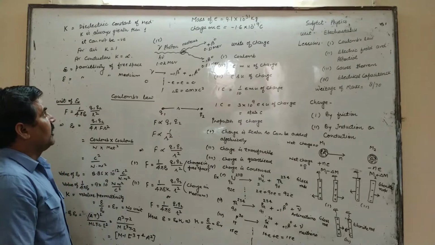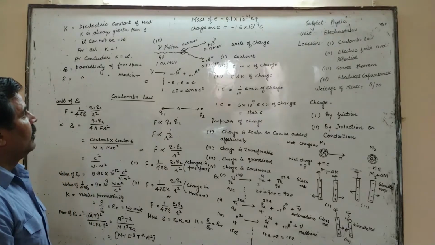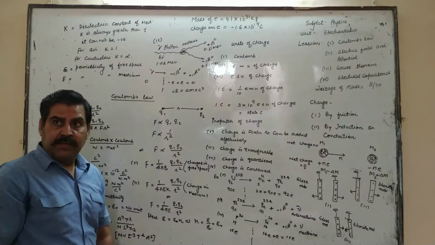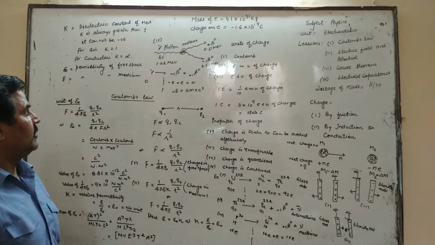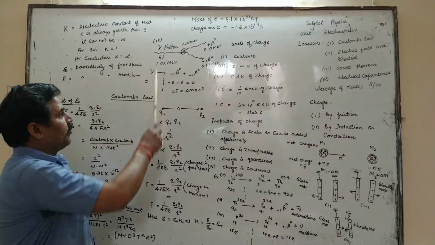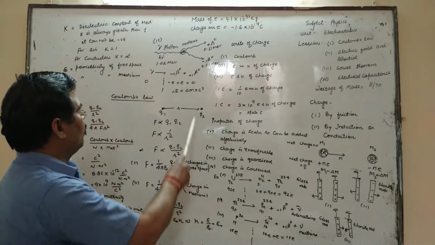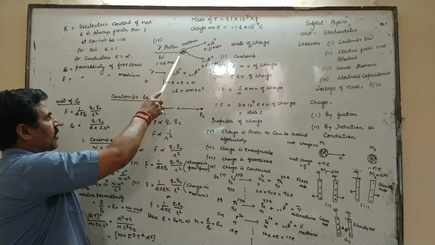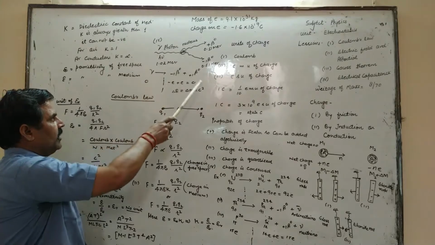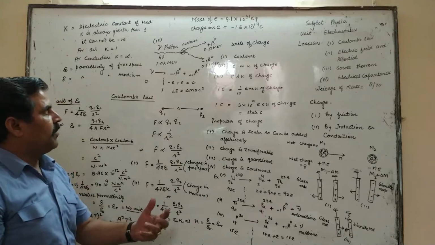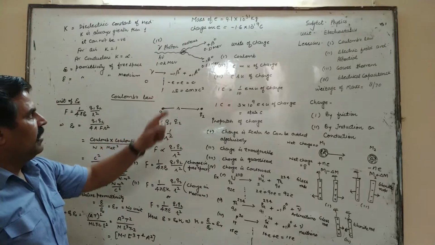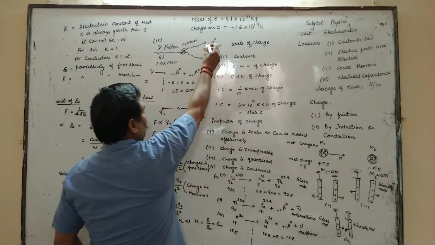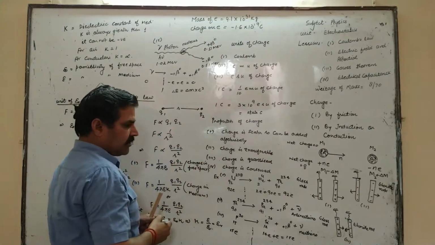Here is another best example to verify the law of conservation of charge, that is pair production. This is the nucleus. When an energetic gamma ray photon strikes the nucleus, then a pair of particles, positron and beta particle, are emitted. This phenomenon is called pair production.